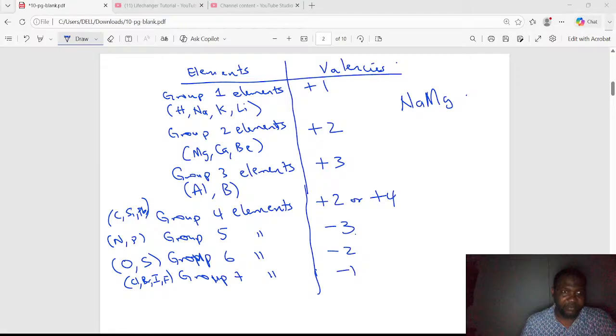Very, very important. Group 8 elements have a valency of 0.